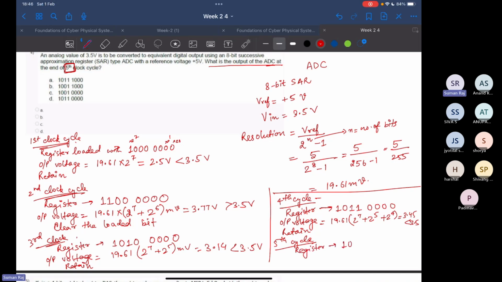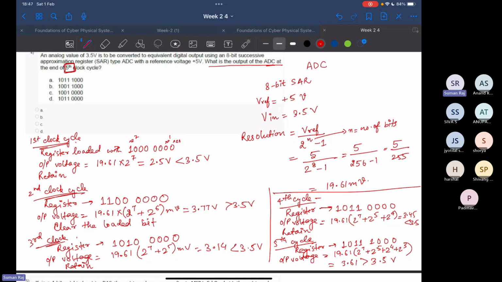So this fourth bit is going to be retained, and it's going to be 1000. So your output voltage is going to be how much? 19.61 into 2 to the power 7, 2 to the power 5, all of this, which is 3.61, and which is greater than your 3.5 volt, right?